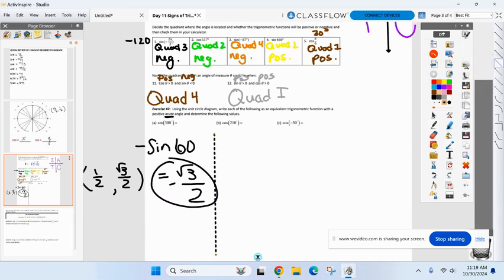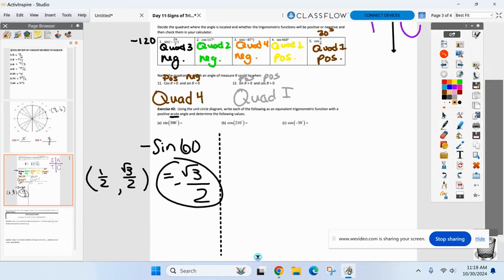You ready for cosine of 210? Where am I? 210. Quadrant 3. What do I know about cosine in the third quadrant? Okay, so everyone ready? Negative cosine. Write it as an acute angle now. So the reference angle for 210. How do I find 30 degrees, everyone?